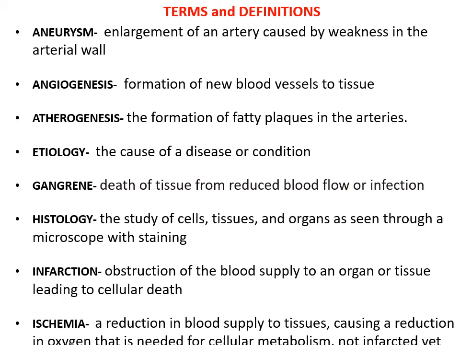What's histology? That's just the study of cells and tissues and organs, typically by using a microscope with staining of the cells. What's infarction? I think you know this by now.